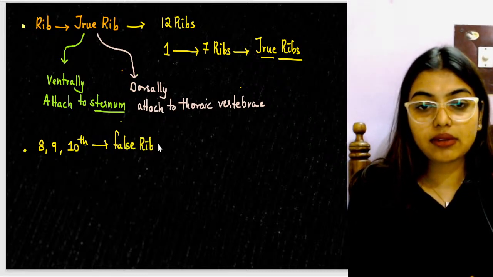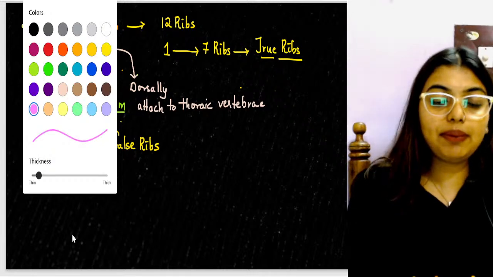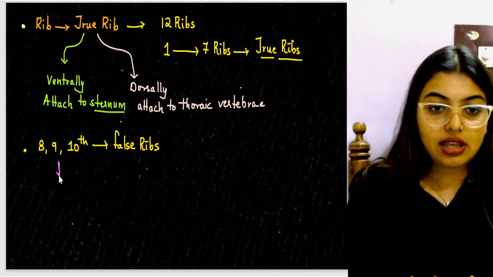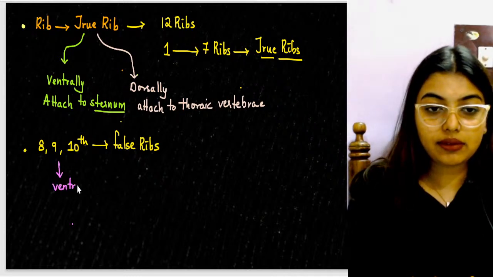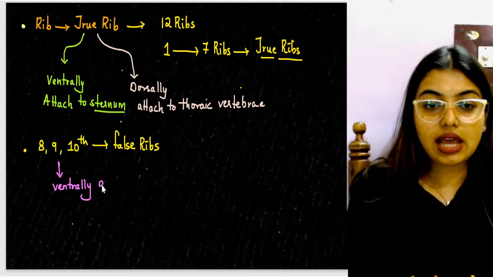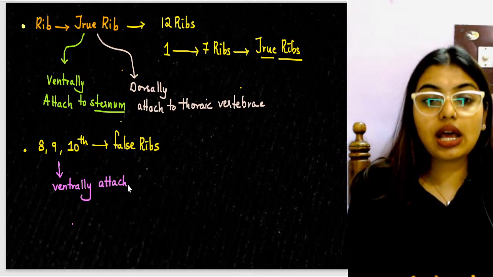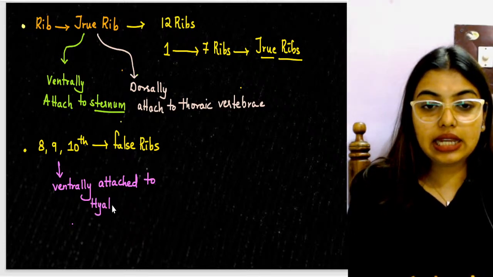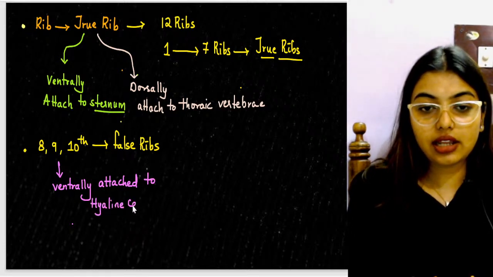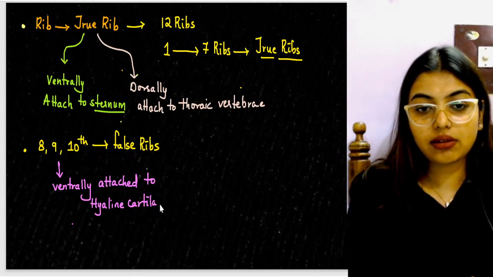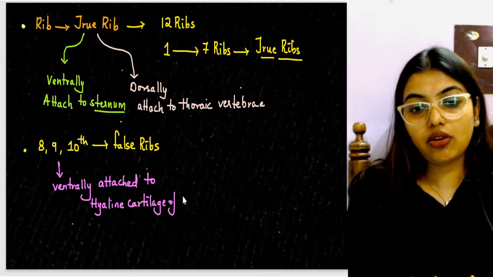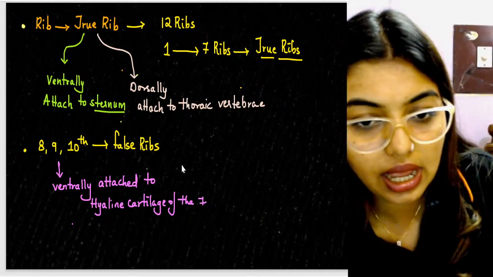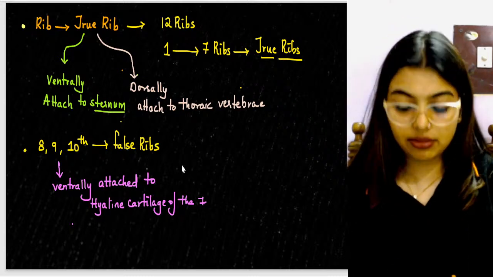Because of a simple factor that ventrally they're not attaching to the sternum. Ventrally they are attached to the hyaline cartilage of the 7th rib.